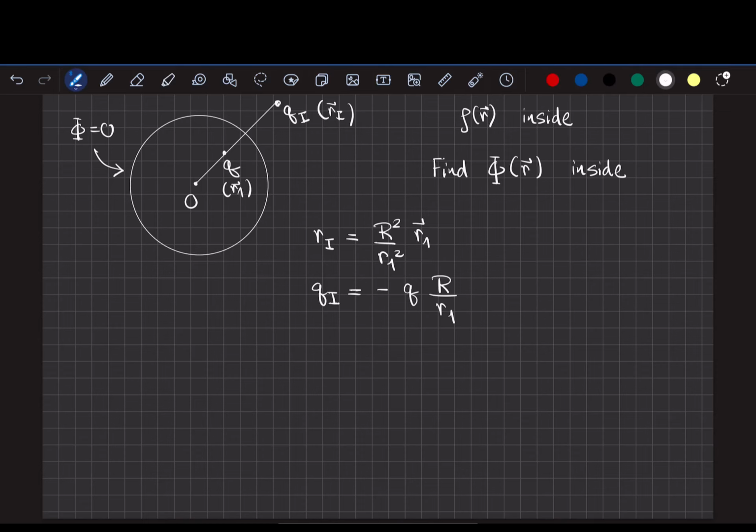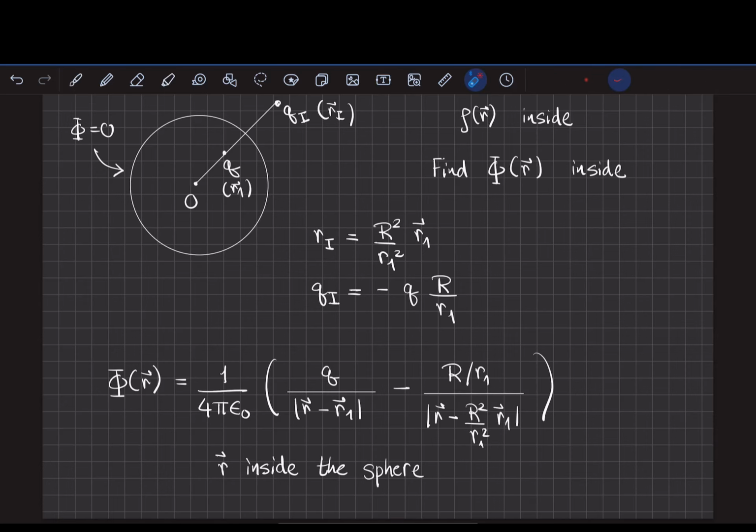You can already see how powerful the method of images is, because we can solve both problems at once. Now we know the potential inside the sphere is again given by the same equation, but here we have just interchanged the image charge and the charge density, but the equation remains the same.